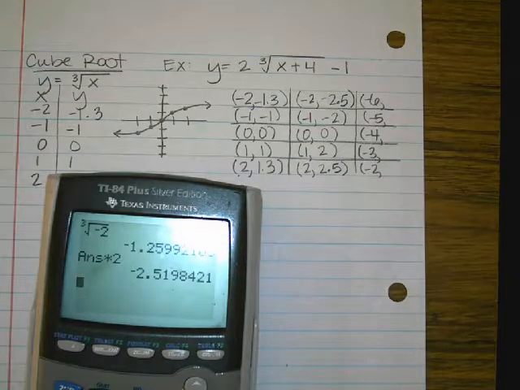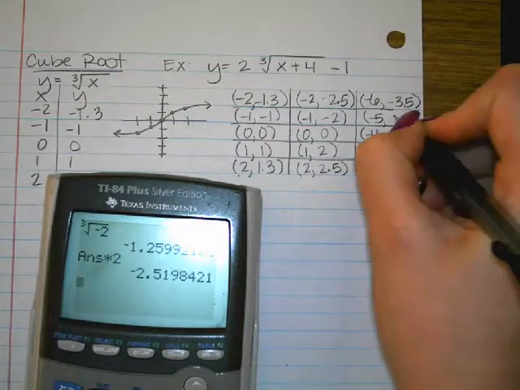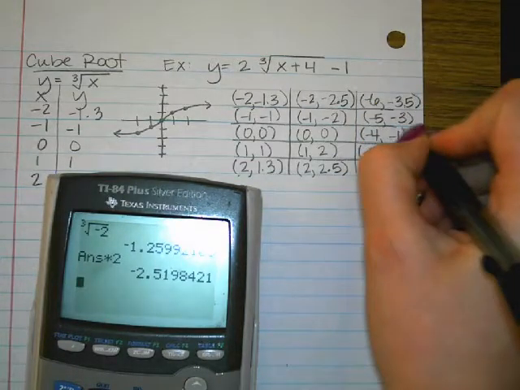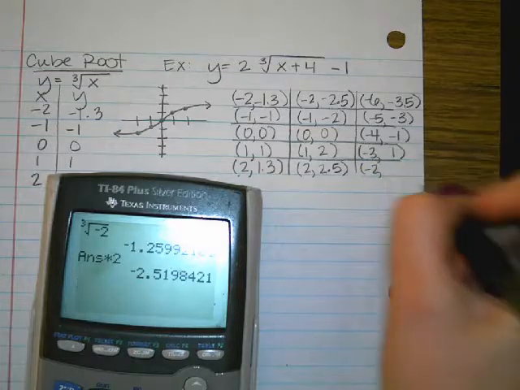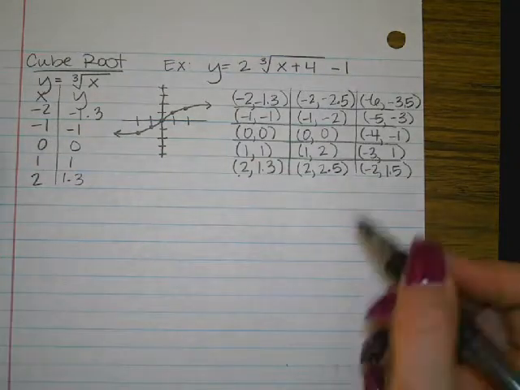Down 1. So -3.5, -3, -1, 1, 1.5. And then we can go ahead and graph it.